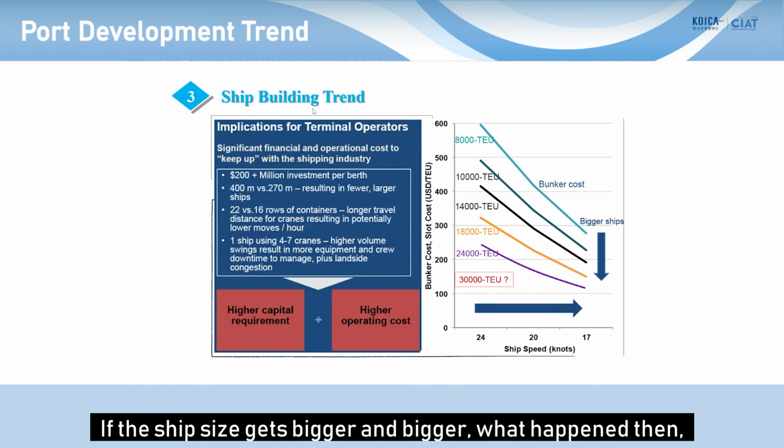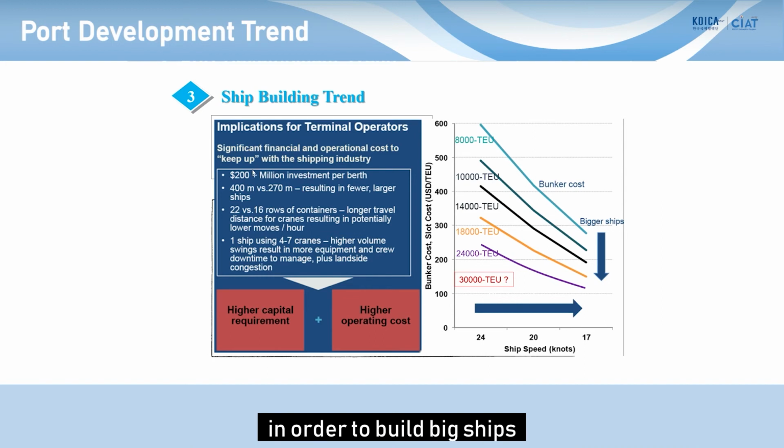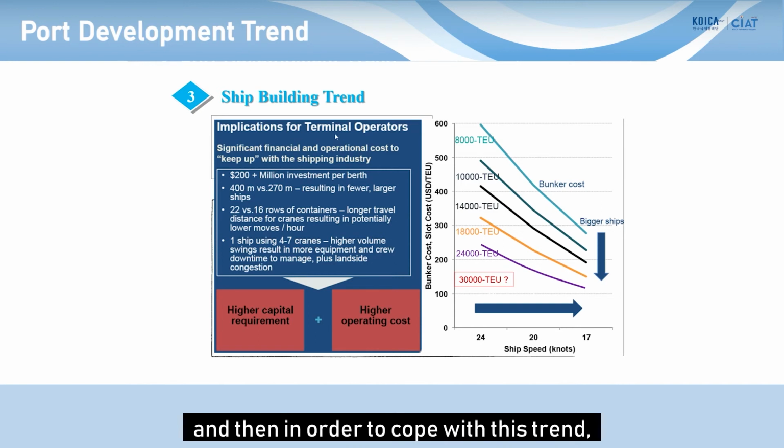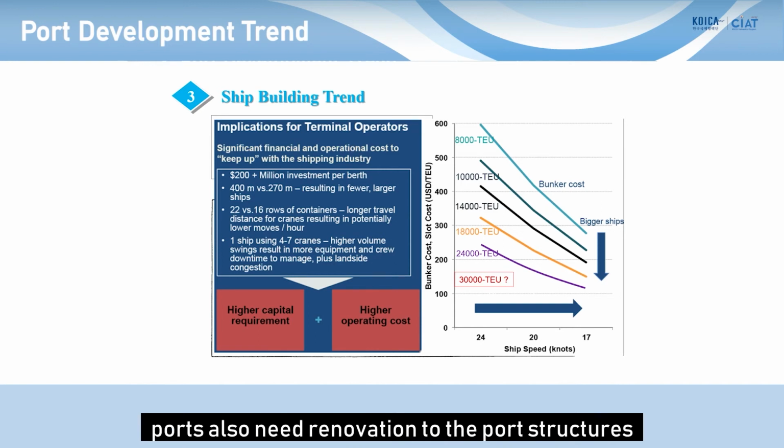If the ship size is bigger and bigger, what happens then? In order to build big ships, significant financial and operation cost goes to the shipping industry. And in order to cope with this trend, ports also need renovation of the port structures.